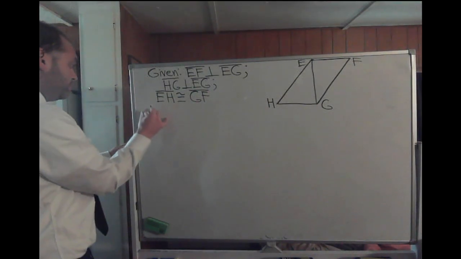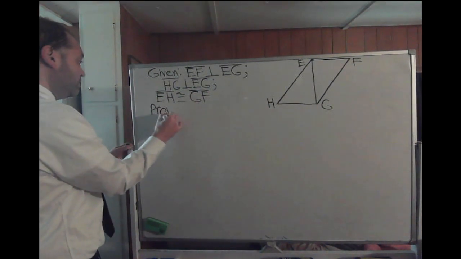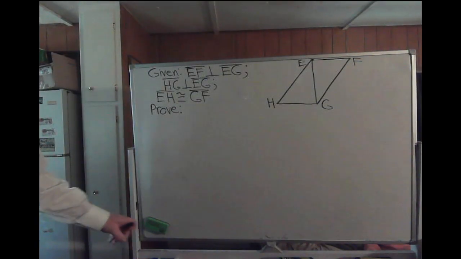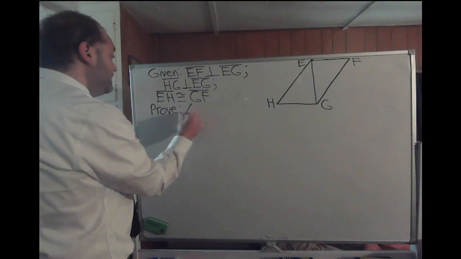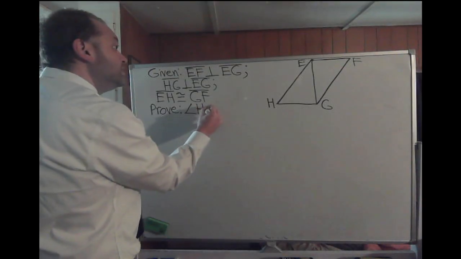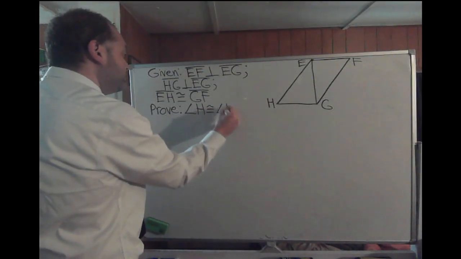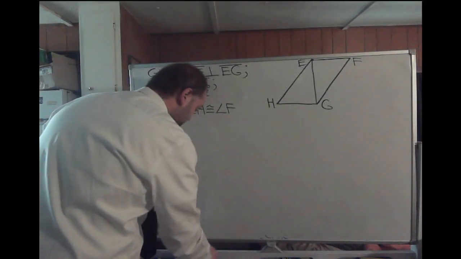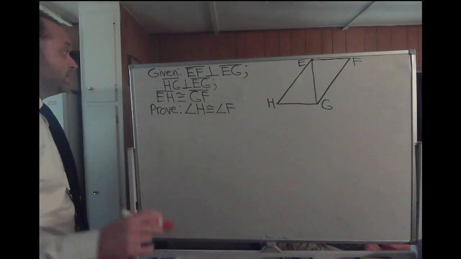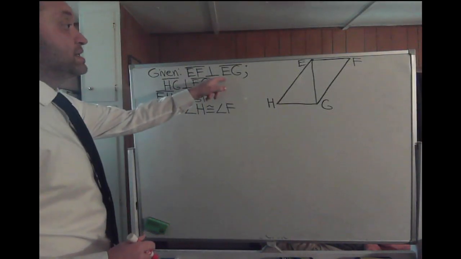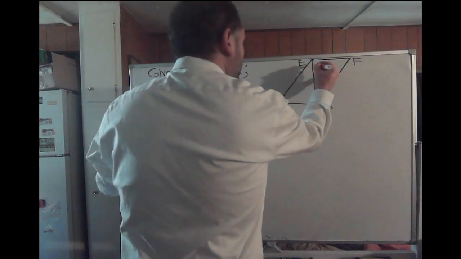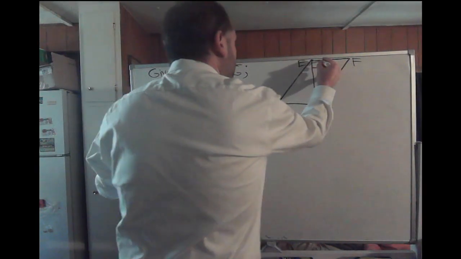So what are we going to prove this time? Well, the proof is going to be that angle H is congruent to angle F. So let's start with a couple pieces of information here in our diagram. EF is perpendicular to EG, well, that means that you have a right triangle. You have a right angle.